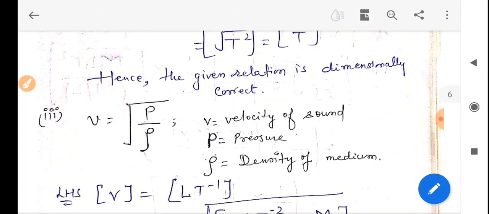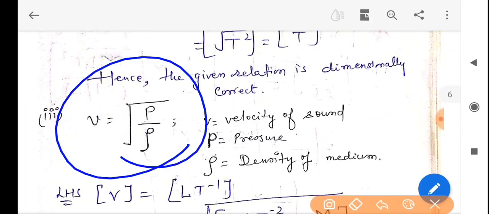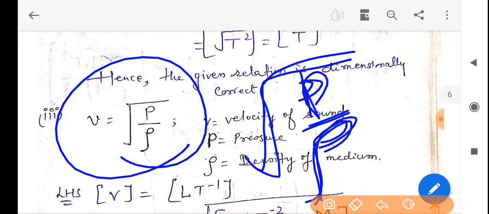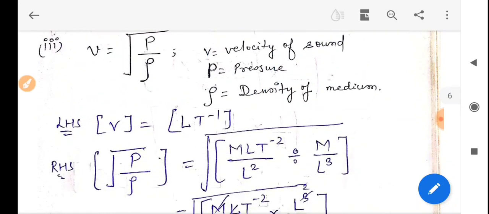The third is the velocity. The speed of sound is given by the square root of pressure divided by density. Under root, pressure by density is the speed of sound. The expression has been given. We have to check whether it is dimensionally correct or not.